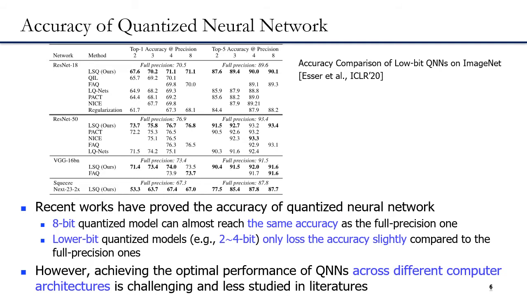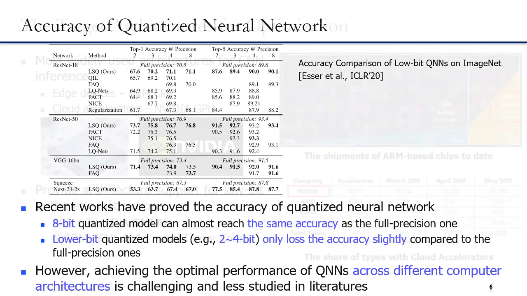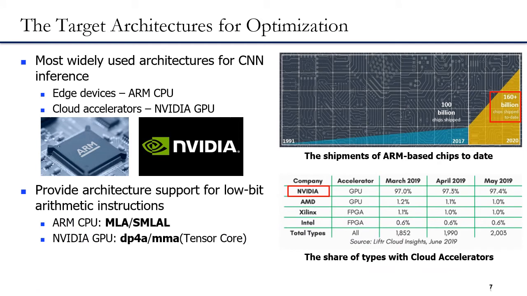Many factors will affect its performance, such as convolution method, data layout, low-bit instructions, and memory size. For inference of convolutional neural network, there are many computer architectures, where the most widely used platforms are ARM CPU for edge devices and NVIDIA GPU for cloud accelerators.